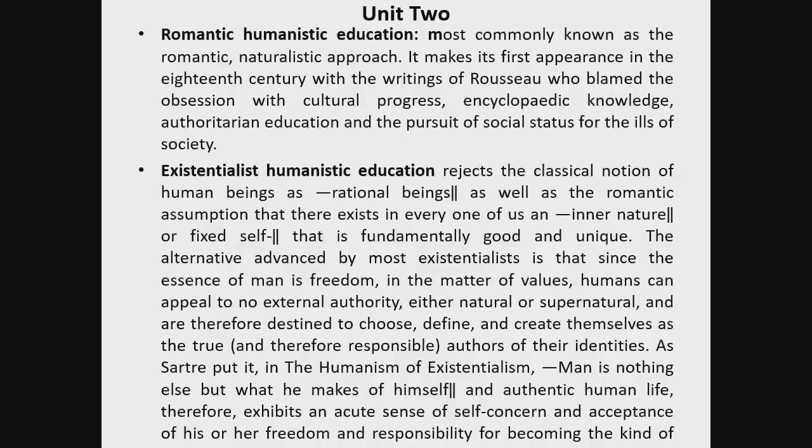They believe that a person can exist even if they are not under a certain authority. The person can do their own things. They can survive in a natural or supernatural way. People are designed to define and create themselves as true without any other identities or authorities.